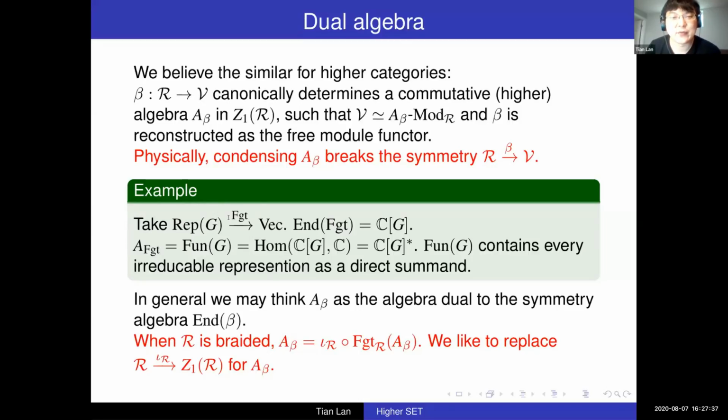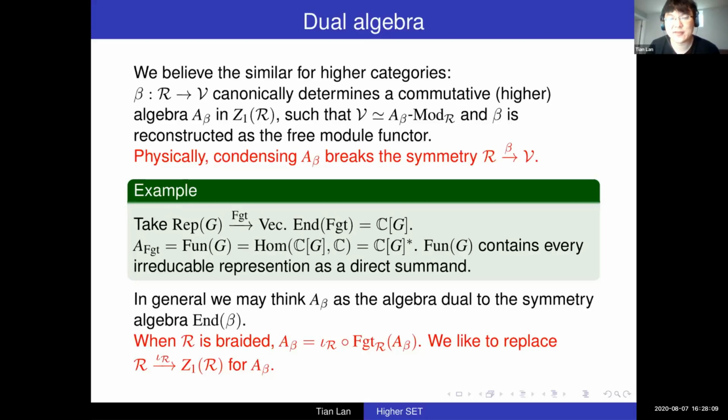For Rep(G), if you forget to Vect, the endomorphism of this categorical functor is the group algebra, and the induced algebra is just the functions on G, which is actually the dual algebra. In this case, this dual algebra contains every irreducible representation. So in general, we can also think of this A_beta as some dual algebra to the symmetry algebra.